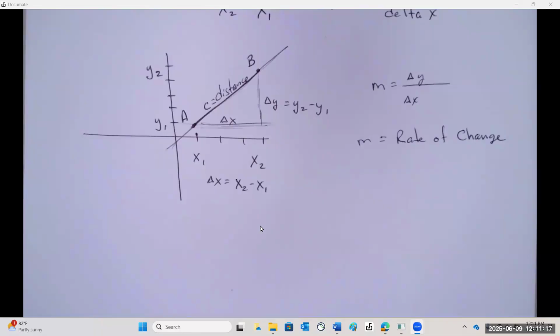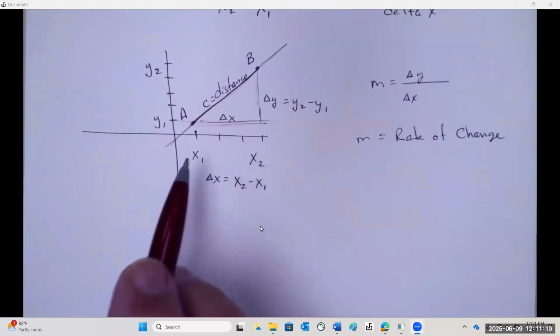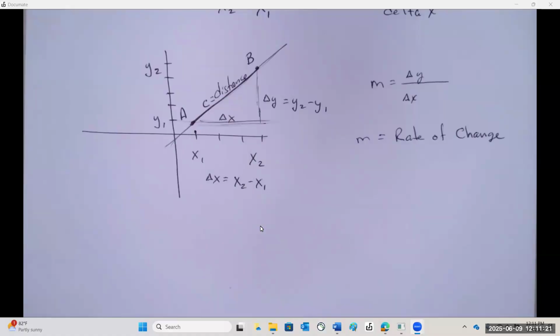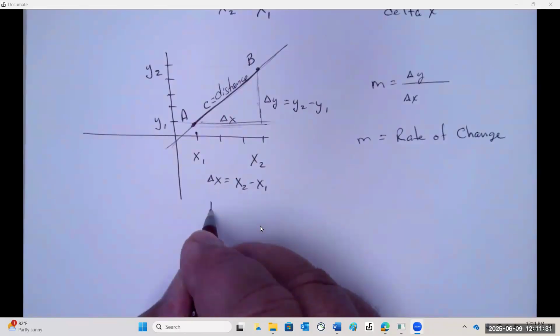Think of it this way. Whenever you deal with, how many of y'all took physics before? The x-axis is always what variable? Time. So this is time.